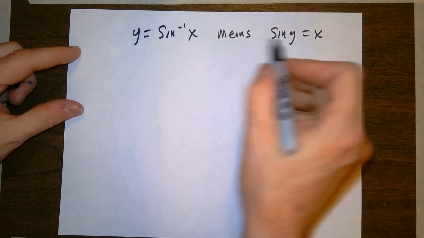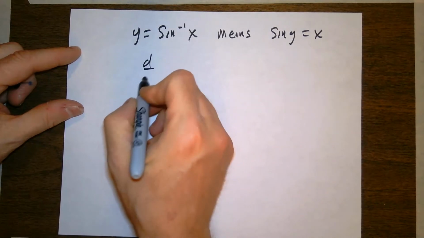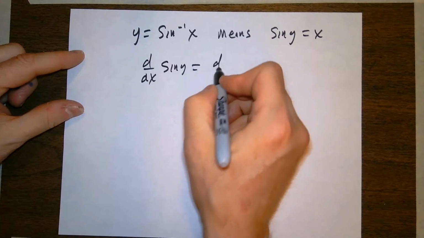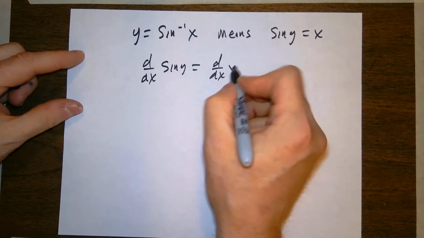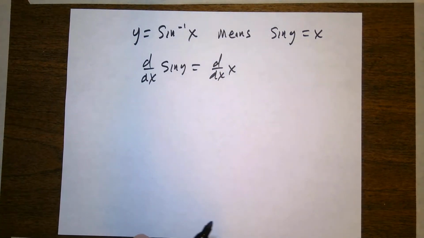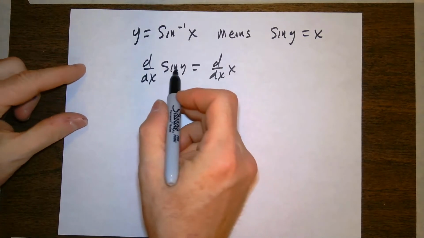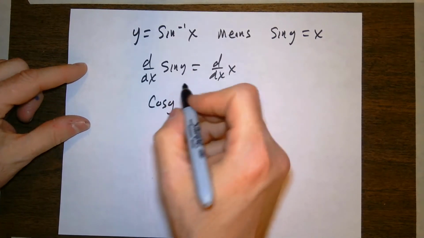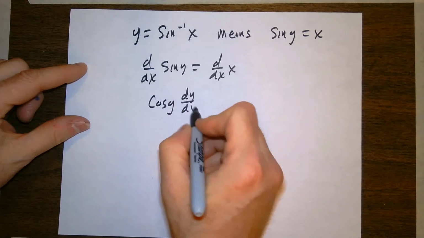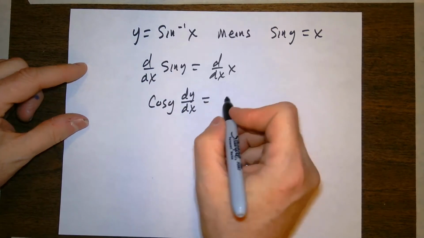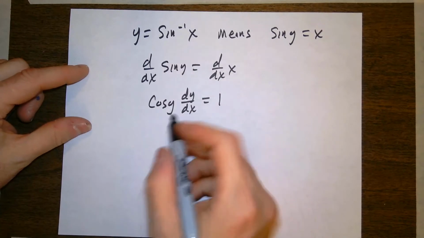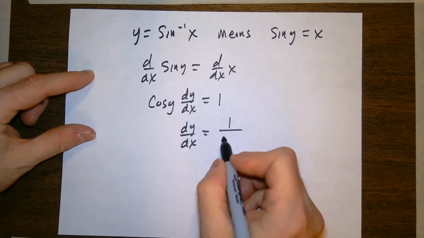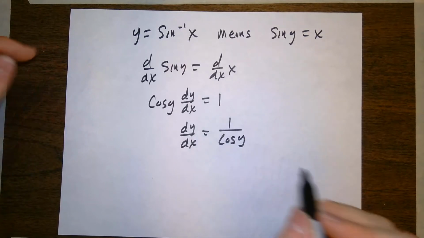So we're going to take the derivative of the sine of y equals the derivative of x. The derivative of sine of y is cosine y times dy dx, equals the derivative of x, which is 1. Solving, I get dy dx is equal to 1 over the cosine of y.